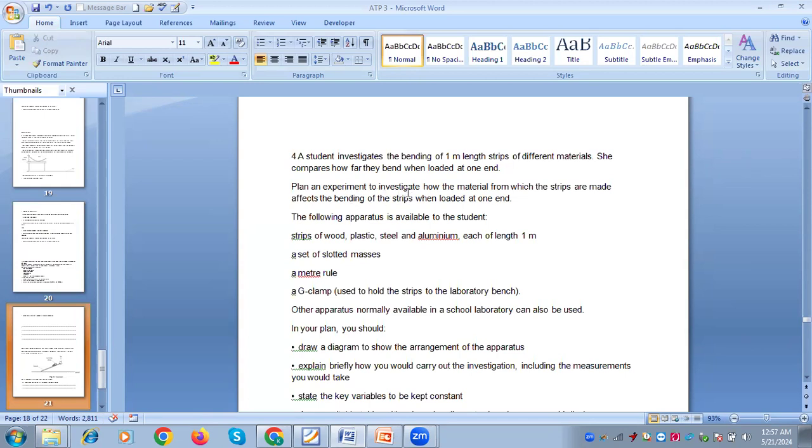Plan an experiment to investigate how the material from which the strips are made affects the bending of the strips when loaded at one end.